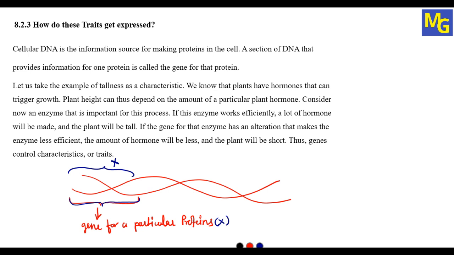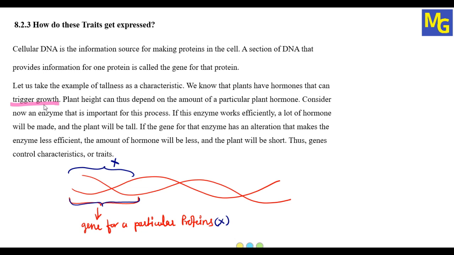Now see the next. Let us take the example of tallness as a characteristic. We know that plants have hormones that can trigger growth. We have already studied this. So a plant has many hormones, and some hormones trigger growth. If it secretes more, then the growth will be more.